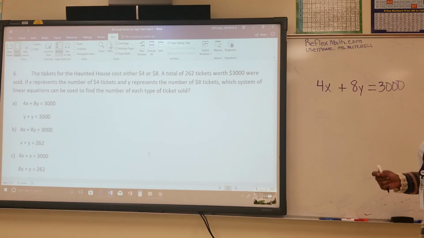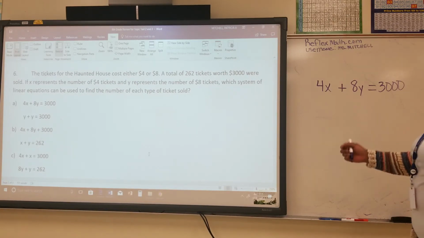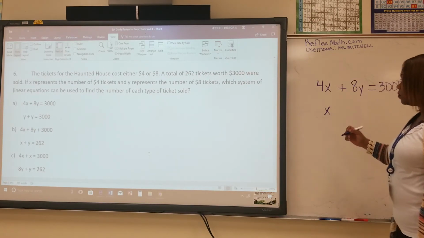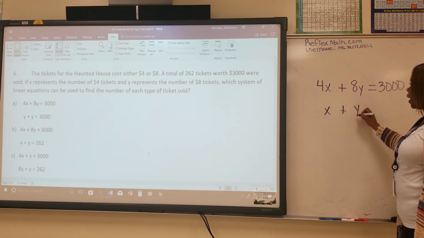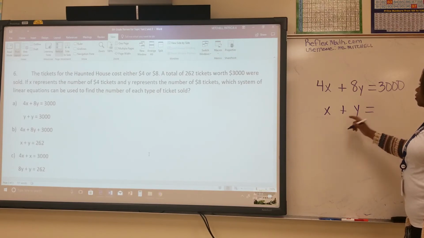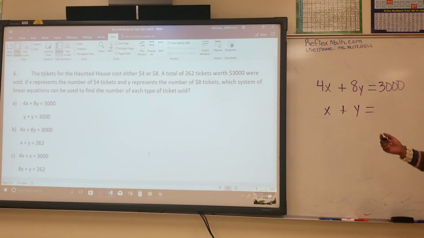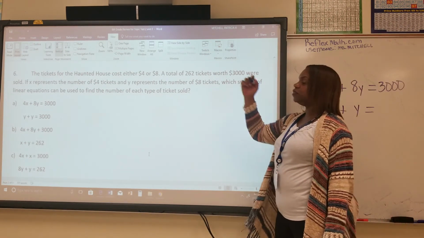They didn't give us that information. So we know that the X, the $4 tickets, plus the Y, the $8 tickets, once we combine X plus Y, that has to equal 262 tickets.